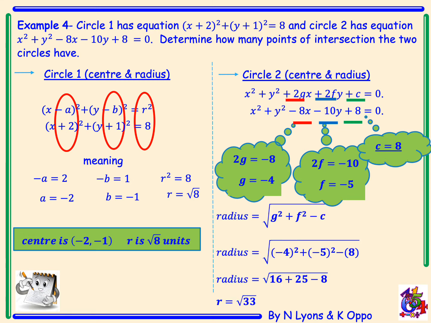Firstly, looking at our radius, it is the square root of g squared plus f squared minus c, so negative 4 squared plus negative 5 squared minus 8 will give an answer of root 33. Then our centre is negative g, negative f, therefore circle 2 has a centre of 4, 5.